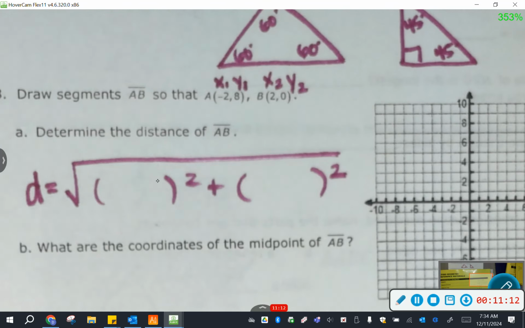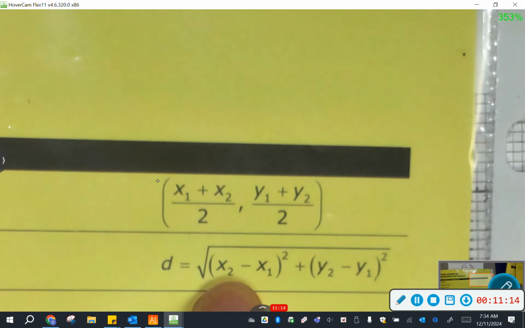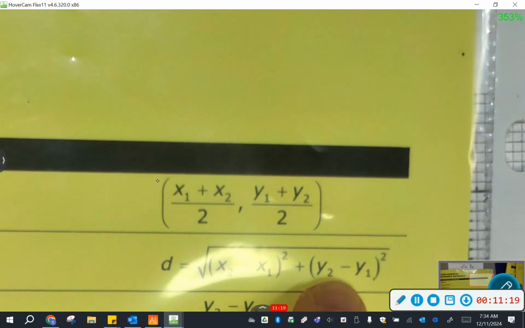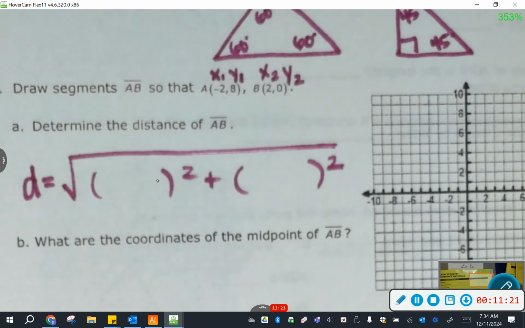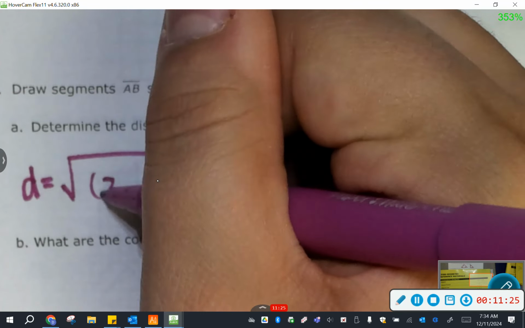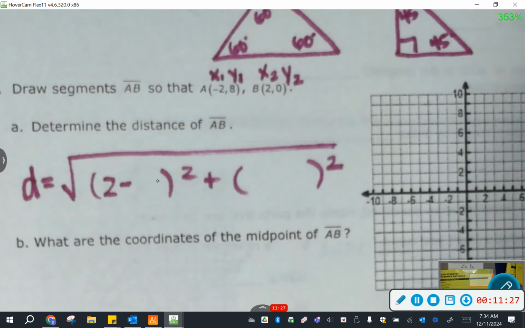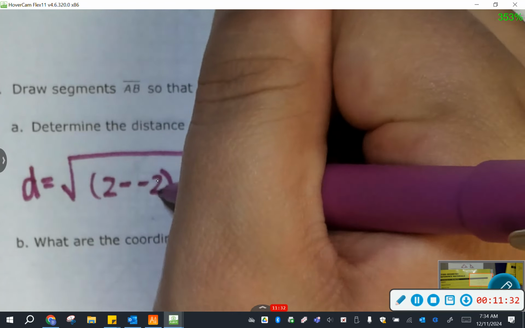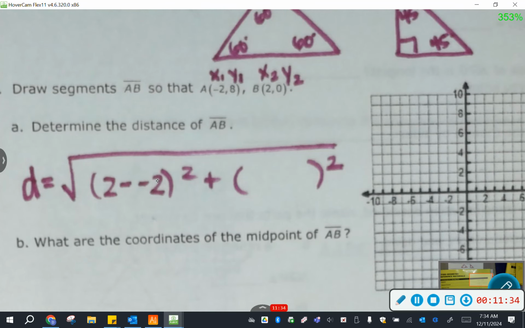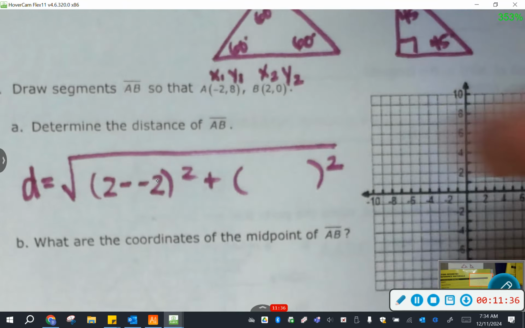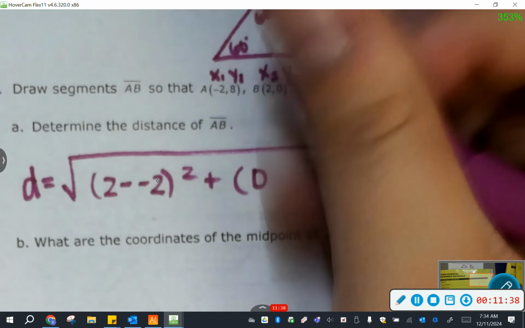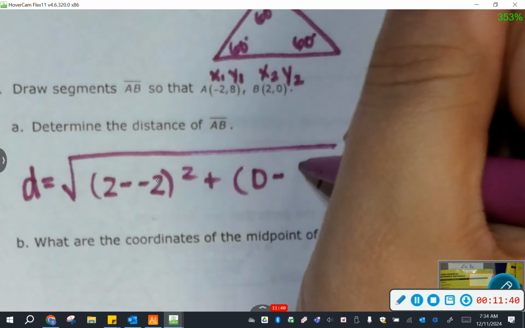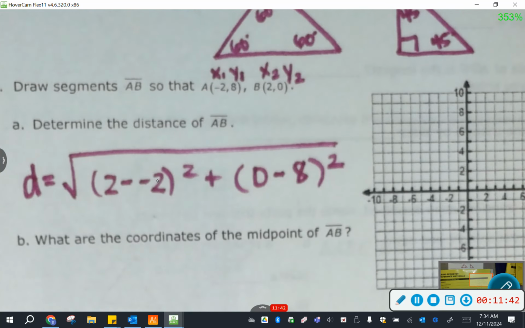I'm just copying this formula: x2 minus x1, and then y2 minus y1. What is my x2? 2. Minus, what is my x1? Negative 2. My y2? 0. Minus, what's my y1? And that you do.